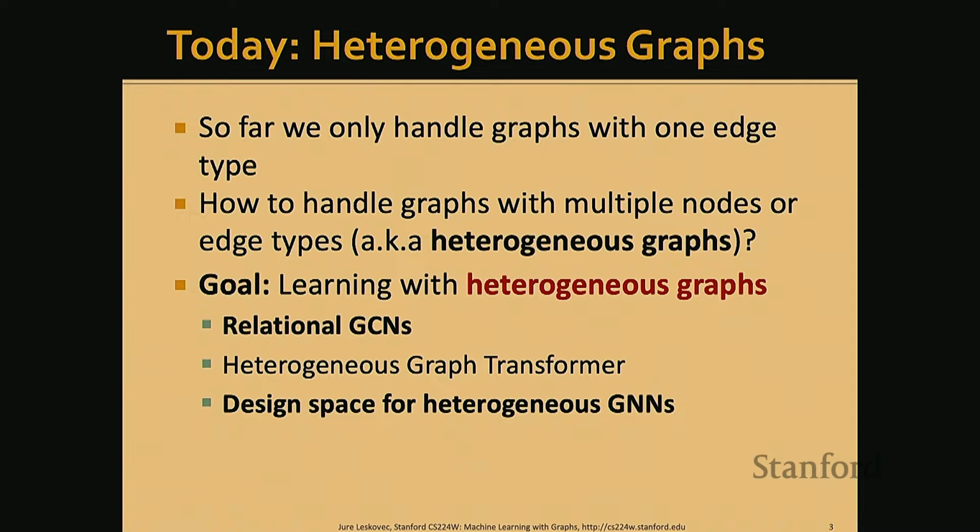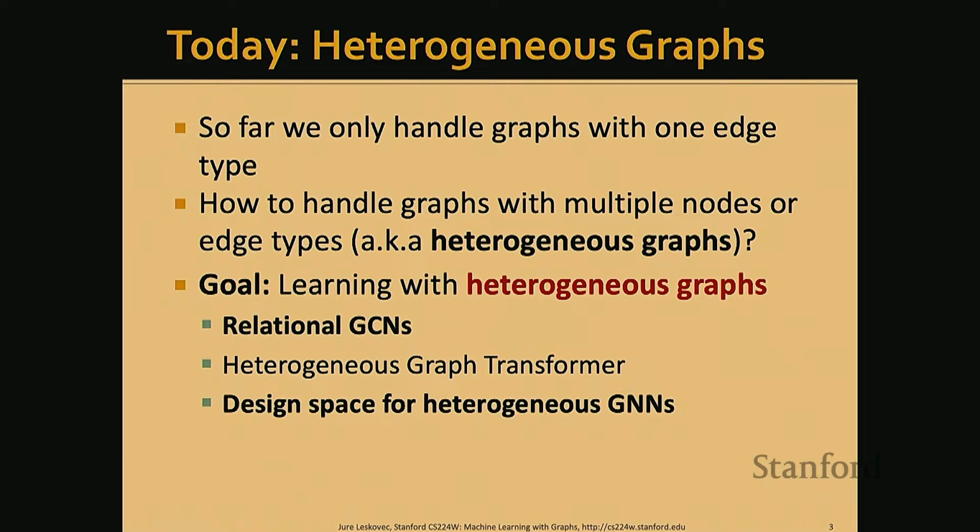Specifically, we'll today cover 3 different methods that can perform machine learning with heterogeneous graph. The focus today will be the relational GCNs, which is the first and the most widely used method that can be used to learn from heterogeneous graphs. We'll then cover a recent state-of-the-art method called heterogeneous graph transformer, which basically extends the idea we have learned, the graph attention network, from homogeneous graphs to heterogeneous graphs.